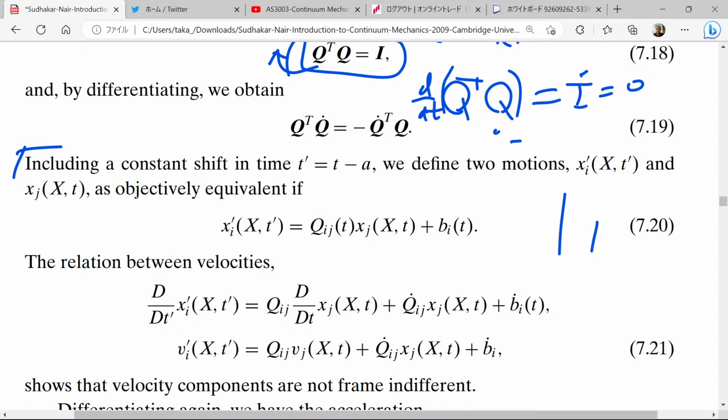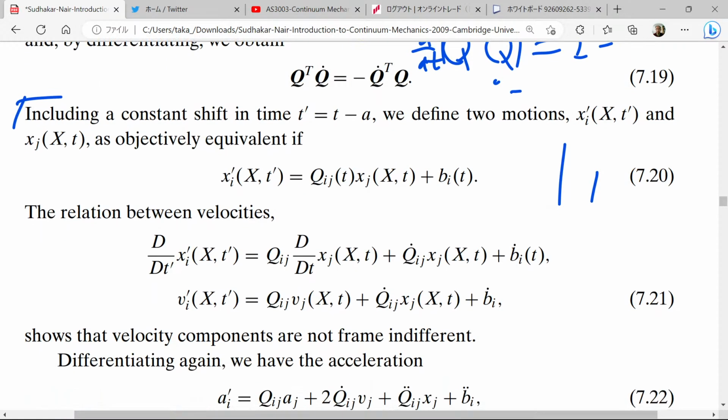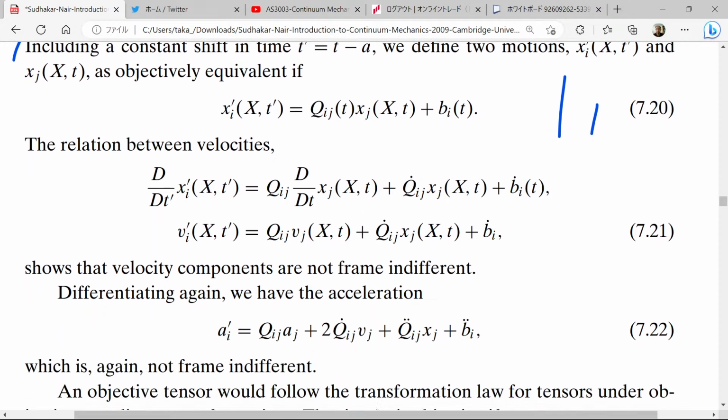The relation between velocities shows that velocity components are not frame independent.